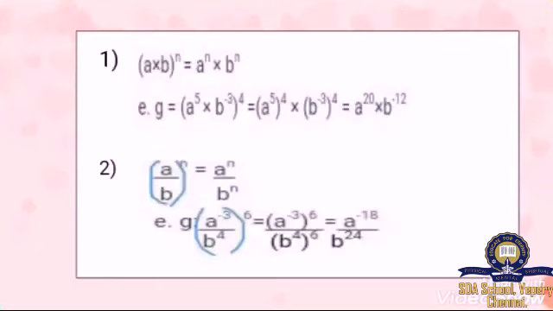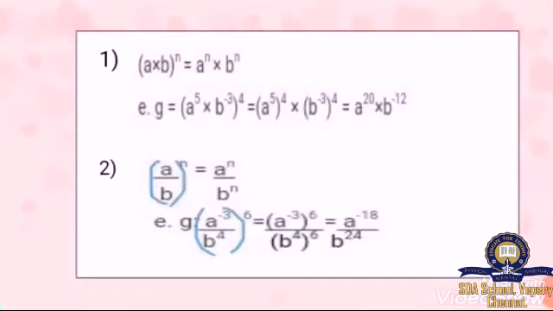The first rule is: if a into b is whole raised to the power n, it is equal to a to the power n into b to the power n. Let's see with an example. In that example, I took a to the power 5 into b to the power minus 3 whole to the power 4, which is equal to a to the power 5 whole to the power 4 into b to the power minus 3 whole to the power 4.